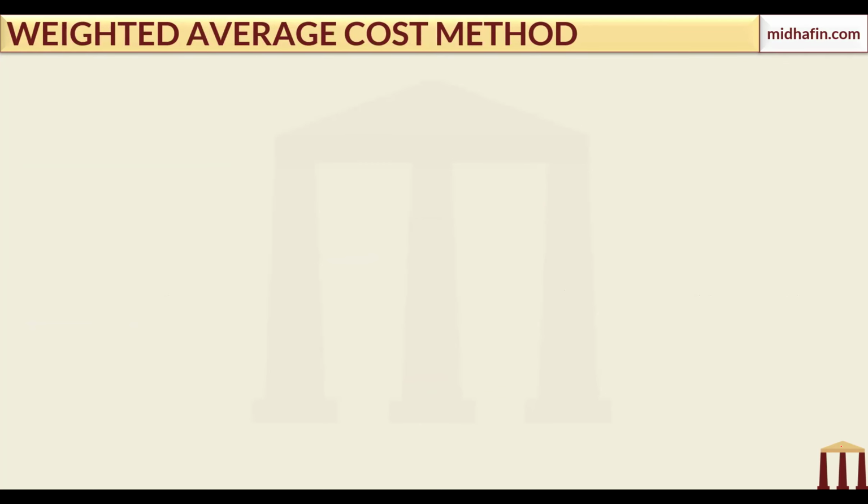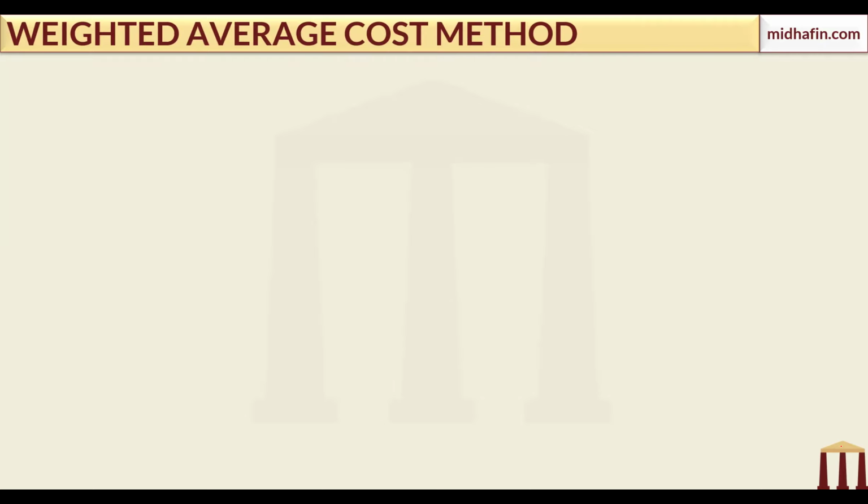Now let's move to the weighted average cost method. Basically we are trying to use a single blended cost for that particular period. We are not tracking the specific costs, or cost layers, because specific identification we are not doing, and even cost layers we are not tracking, like FIFO or LIFO.